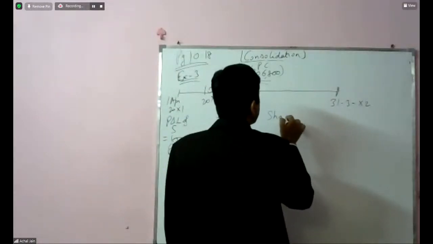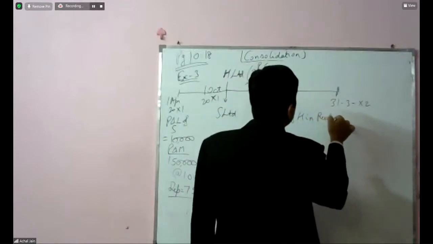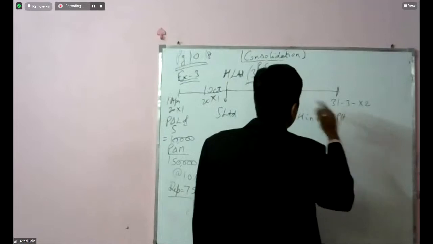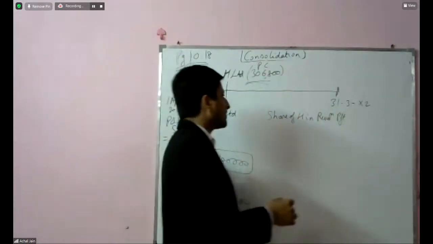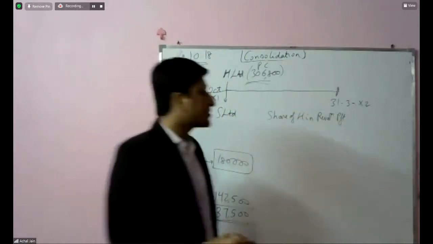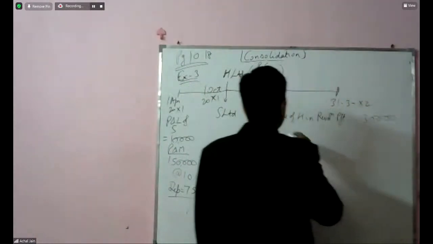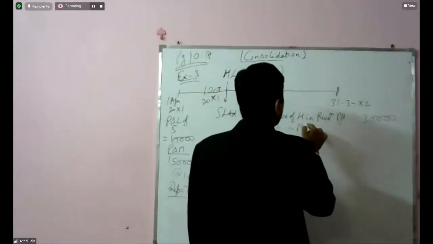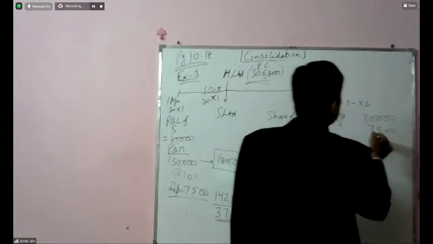So we can say share of H in revaluation profit. Share of H in revaluation profit is what? 80%. So this becomes 30,000. Share of minority in revaluation profit, 7,500.